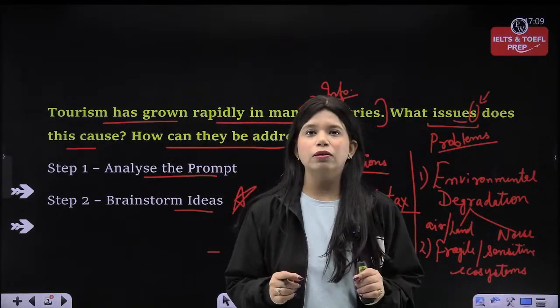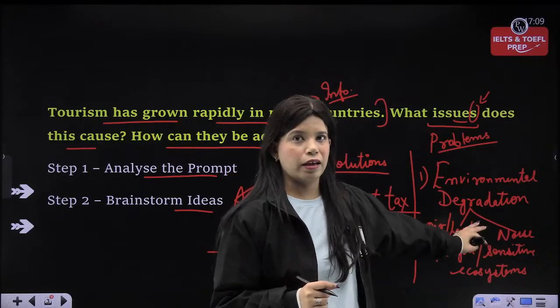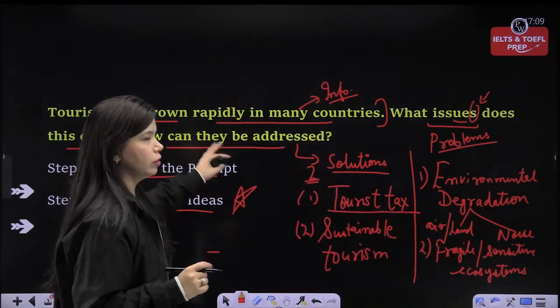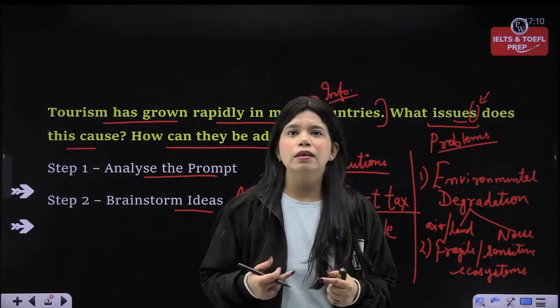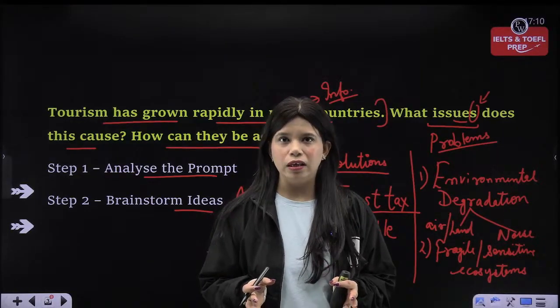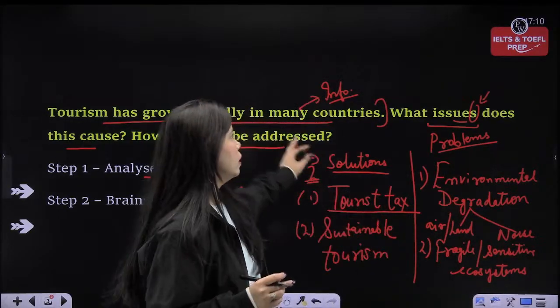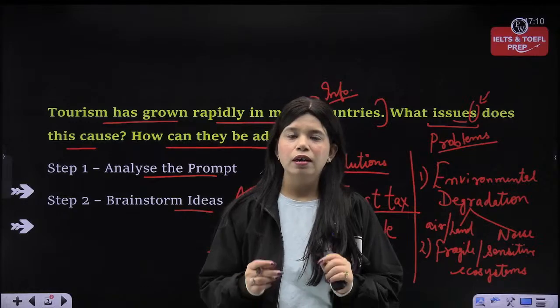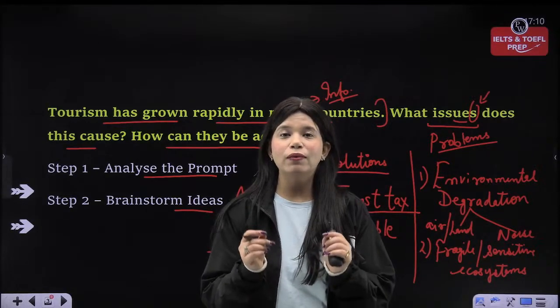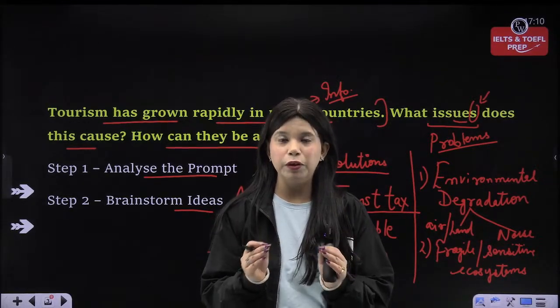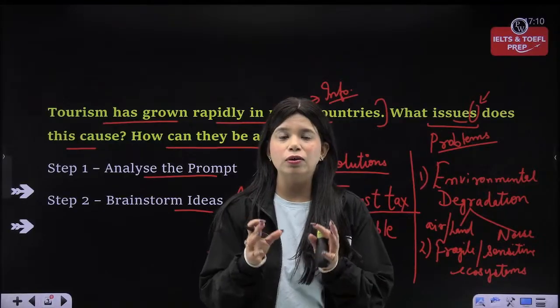But what I'm trying to say is the way I have generated ideas. What did I do? I understood the question first, because without understanding, you can't generate relevant ideas. So it's very important that you analyze and understand the question first and generate relevant ideas in the first 5 minutes, because without relevant ideas, you are not going to get a high score.